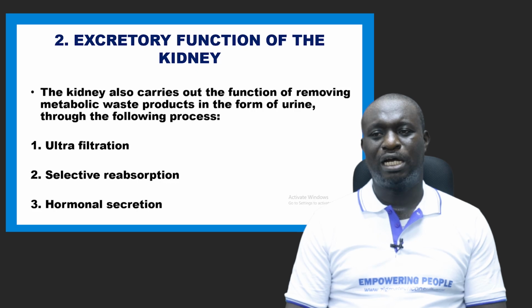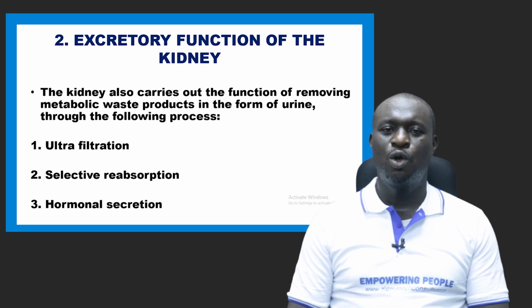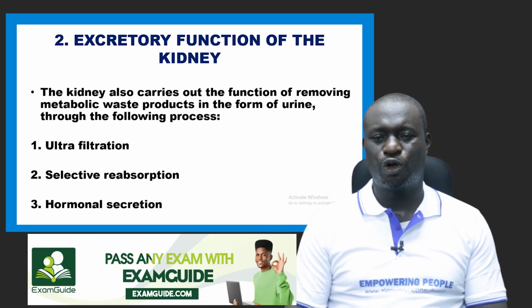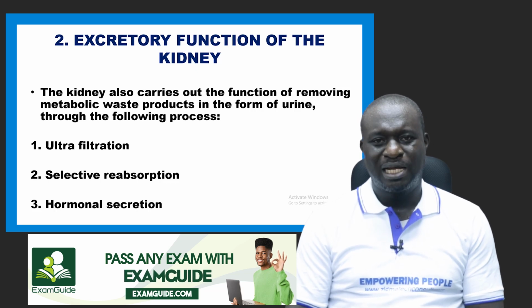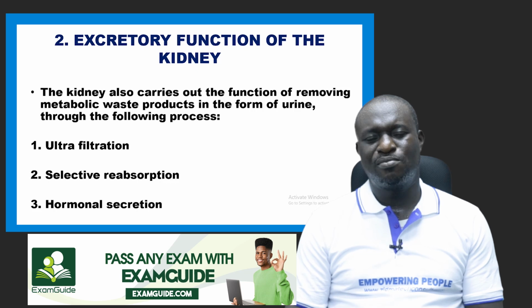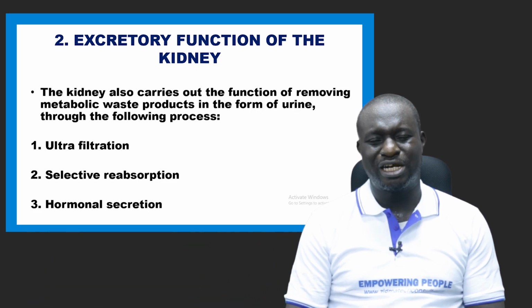You should understand that the kidney excretes a metabolic product or waste, which is called urine. So the kidney forms it first and then removes it. And the formation of urine occurs in the urinary tubules.